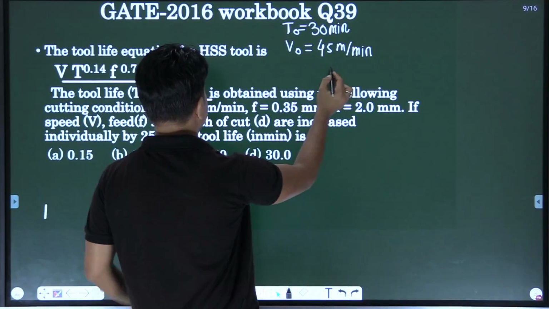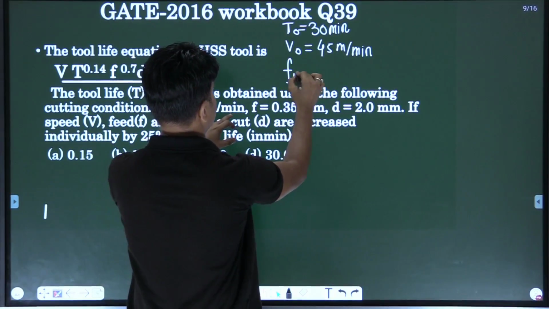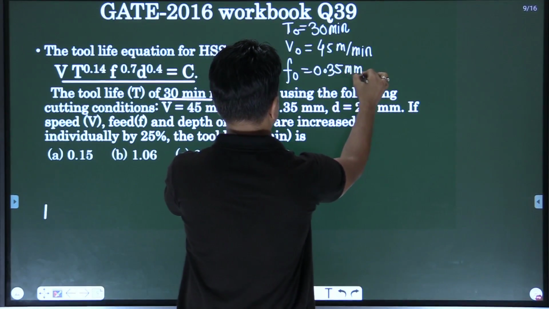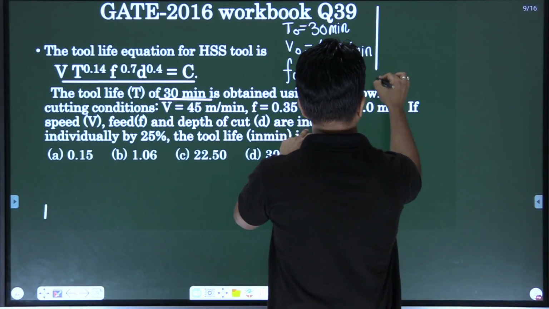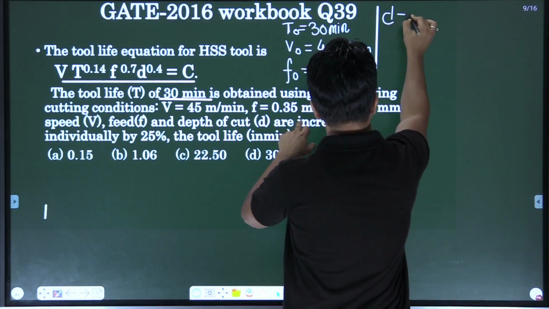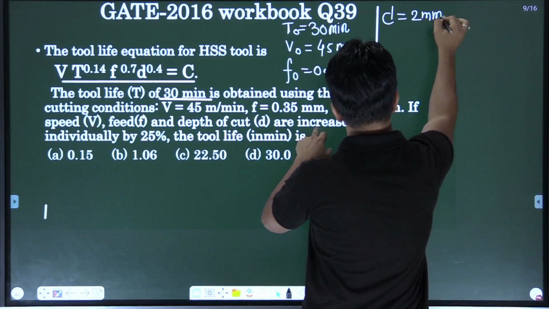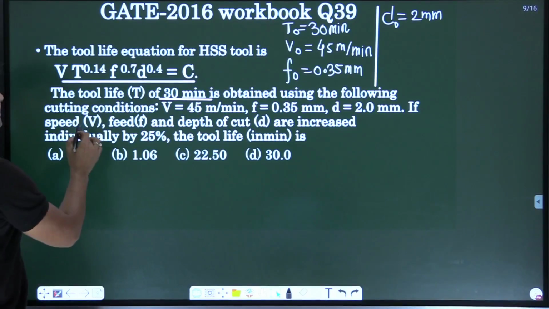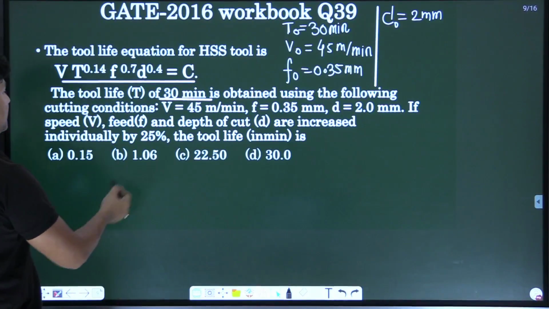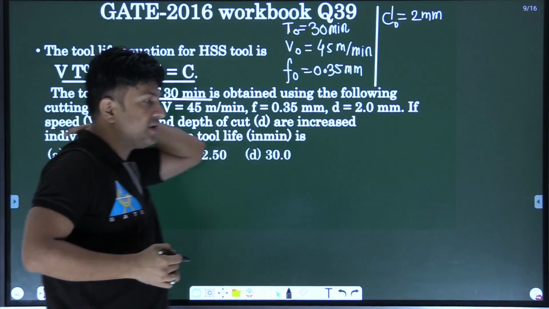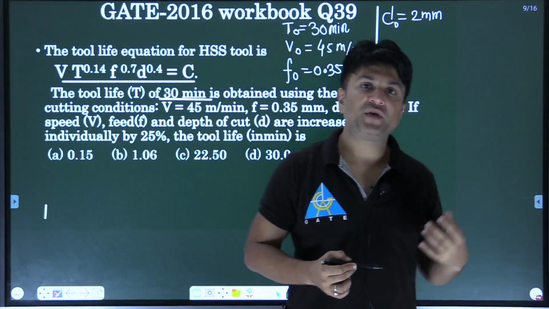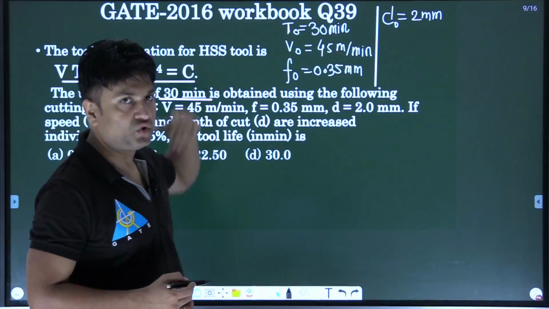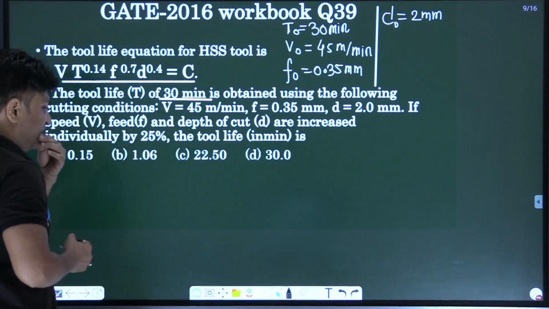Here V0, F0 and D0 are given. Now, if the speed, feed and depth of cut are increased individually by 20%, 25%, then what will be the effect on the tool life?